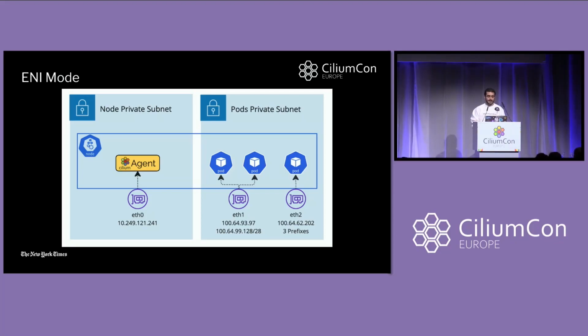One of the things Cilium supports is IP prefixes. You get the same number of ENIs, but instead of a single IP or a few IPs per ENI, you can have multiple prefixes, which allow you to expand, I believe, 16x the number of pods you can have on a node. And we run different sizes of nodes as well.